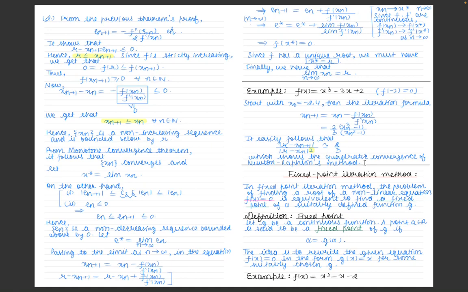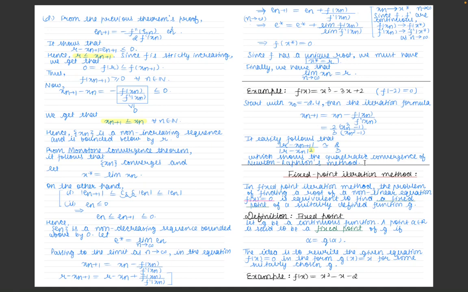Okay. So in practice, what happens? The idea is to rewrite the given equation f(x) equal to 0 in the form g(x) equal to x for some suitably chosen g.